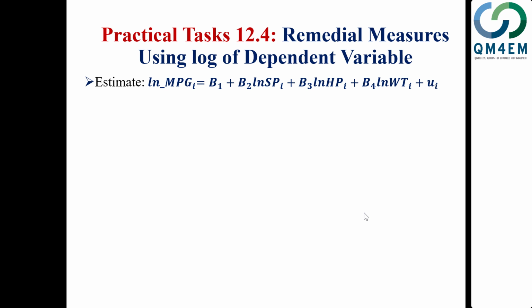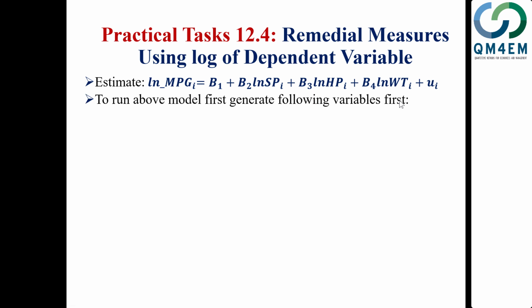We have to estimate this model: log of MPG regressed on log of SP, log of HP, and log of WT. This is not that difficult, just a straightforward task again. But you have to have the log of the dependent variable and the log of the independent variables available, and only then can you run this model. So we first need to generate the new variables.